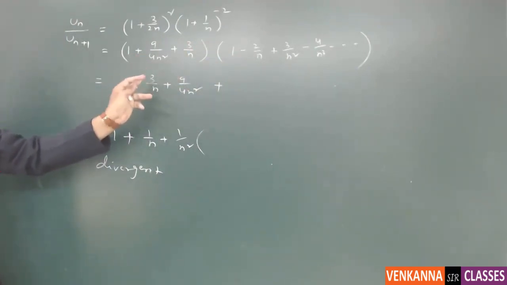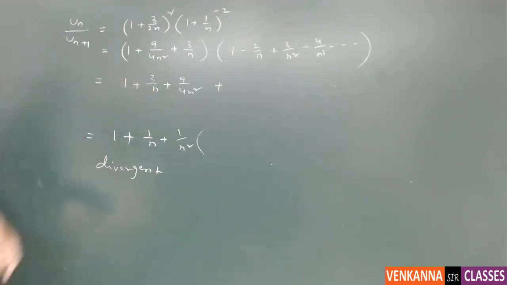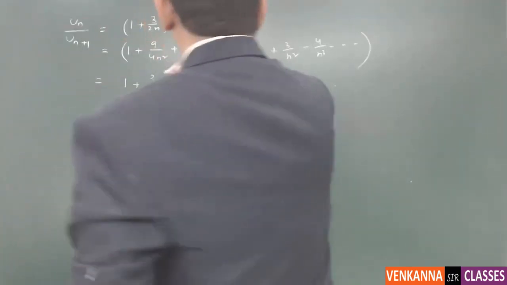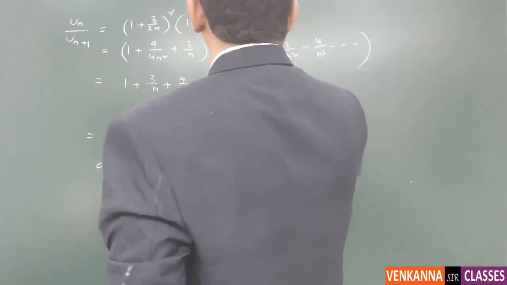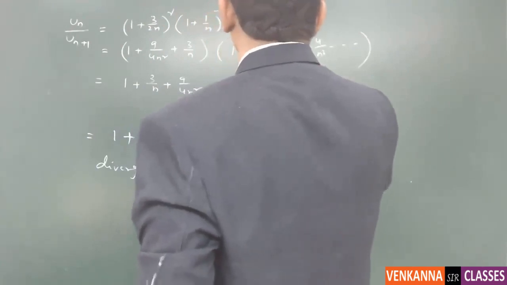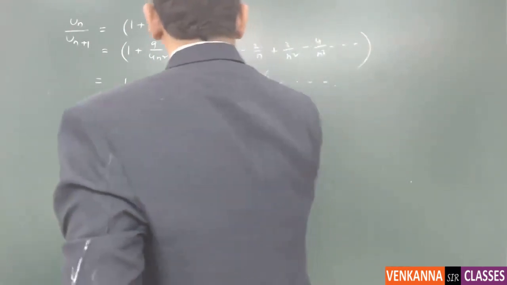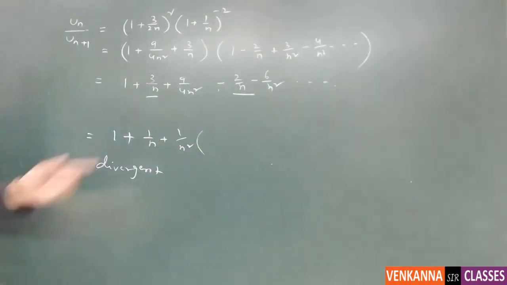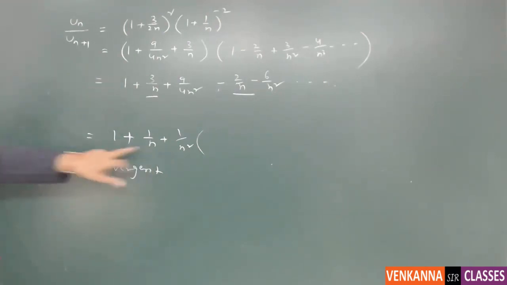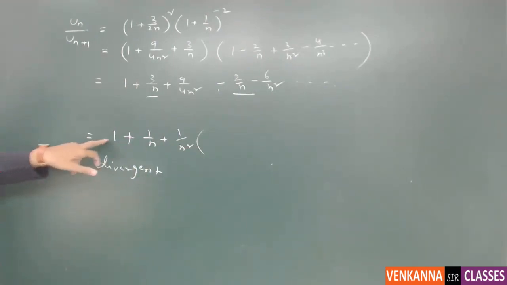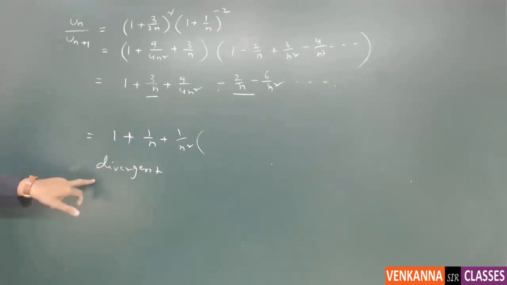Since the session is closing, once we multiply with minus 2 by n, that gives 1 by n. So I am going to take the same problem again in the next session. We will discuss it. But this is the outline idea. Since the coefficient of 1 by n is 1, it is divergent by Gauss test.